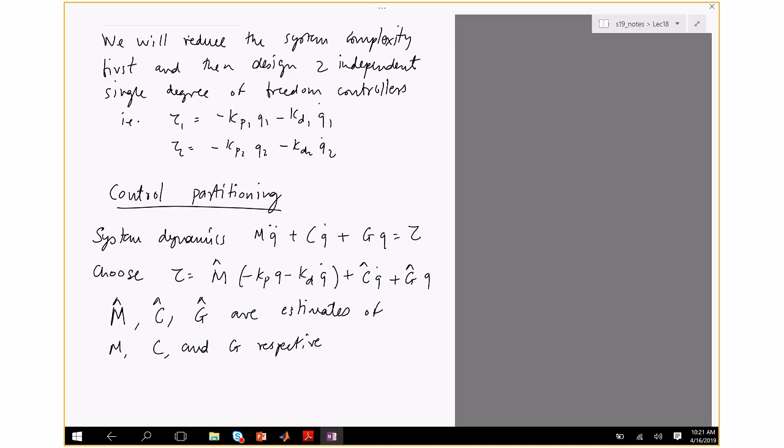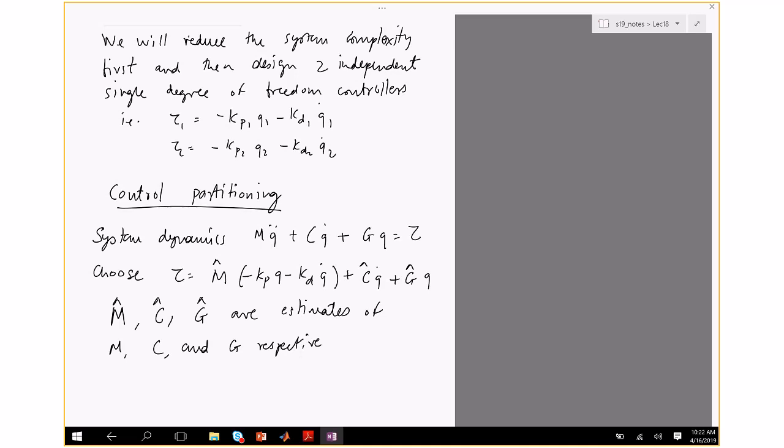We'll not actually do that, but the numbers which come out from that are just estimates. Sometimes when we do very careful system identification, we'll actually figure out the exact M, which is a nice thing to have, because now control becomes easy because you have perfect models. So in a simulation world, you have perfect knowledge of the mass, C and G.